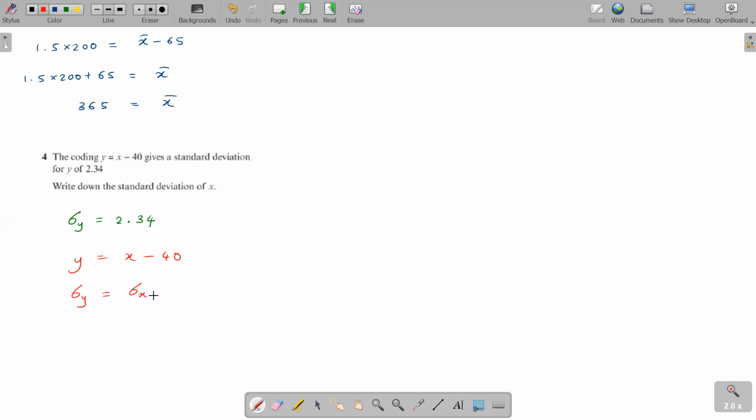I told you as we did earlier, minus 40 or plus, my addition or subtraction will not make any impact on the standard deviation. So minus 40 will not come. In this case, do we have any division to perform? No. That's it, which means what? Sigma y is directly equal to sigma x, which means what's the standard deviation of x? Standard deviation of x is directly 2.34, nothing to change. It's the exact same answer.